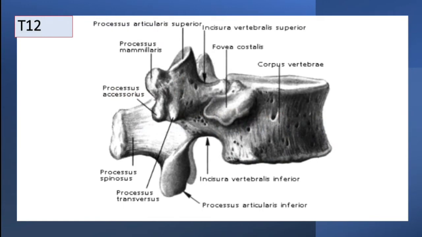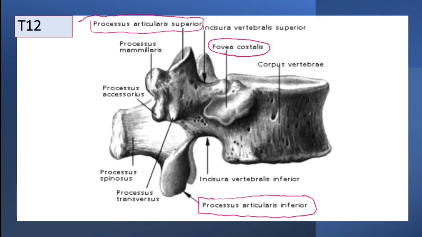So this is the T12, right? You can see the processus articularis inferior, the inferior articular process, and it's sagittal. And then the processus articularis superior is frontally positioned, right? You can see the costal facet.